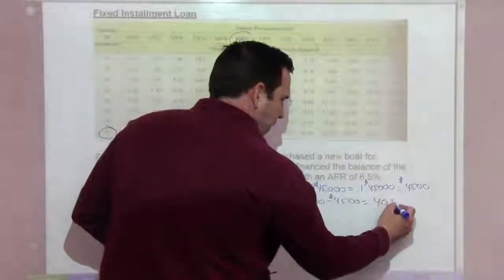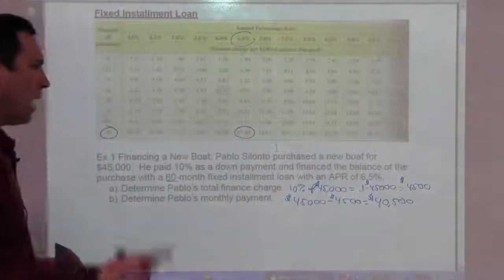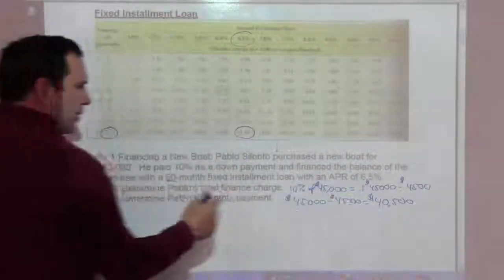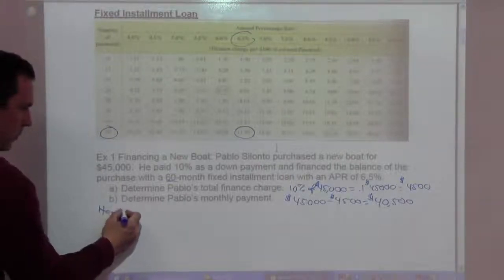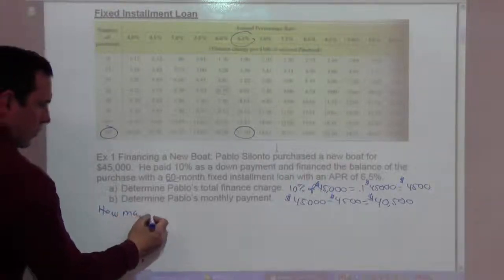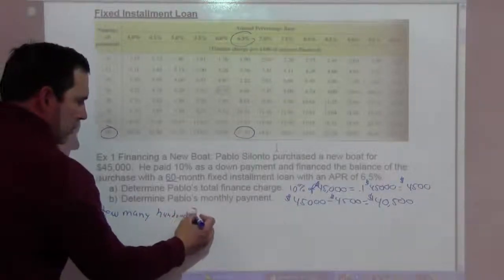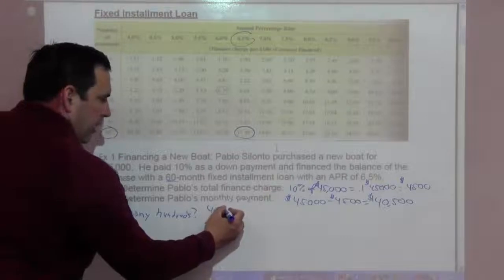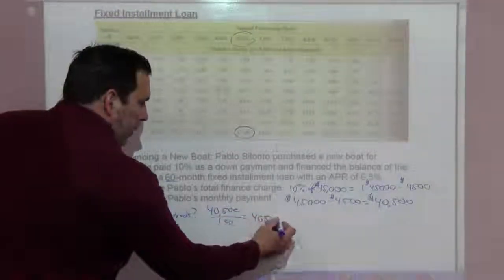That's $40,500. So how many hundreds is this? How many hundreds is $40,500? $40,500 divided by 100 is 405.